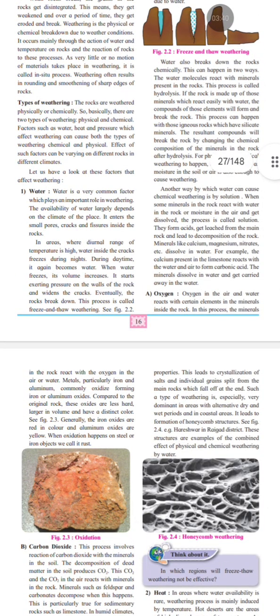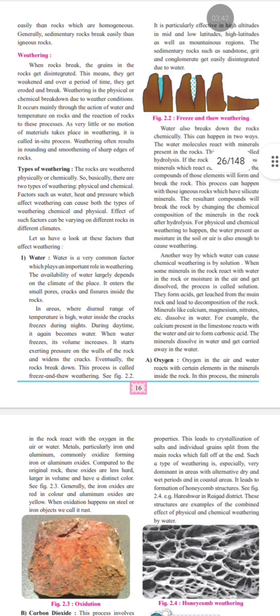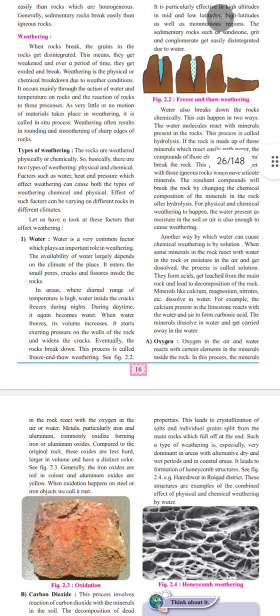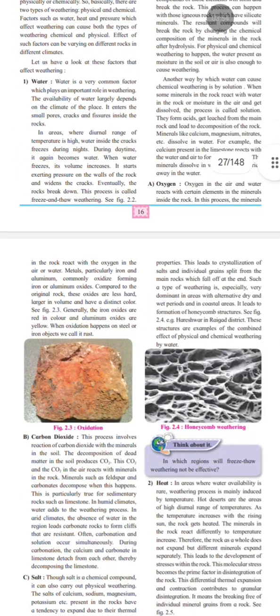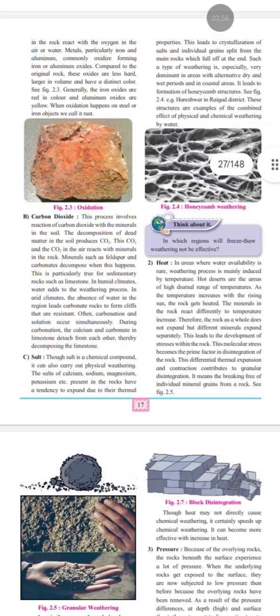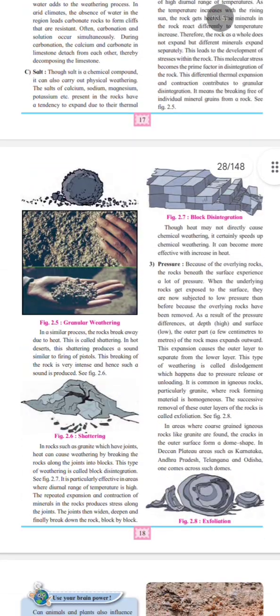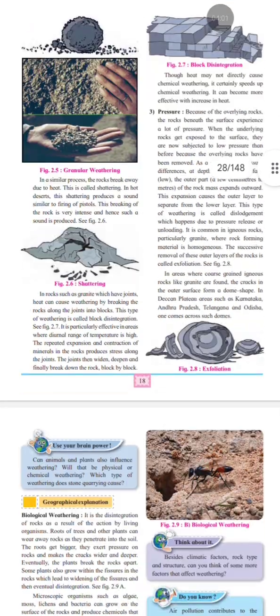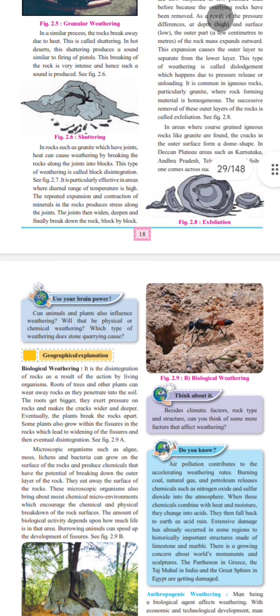First we will see physical weathering. The rocks break into smaller pieces without changing their chemical composition. That's why it is called physical weathering. Physical factors like water, salt, heat and pressure all affect the weathering process.